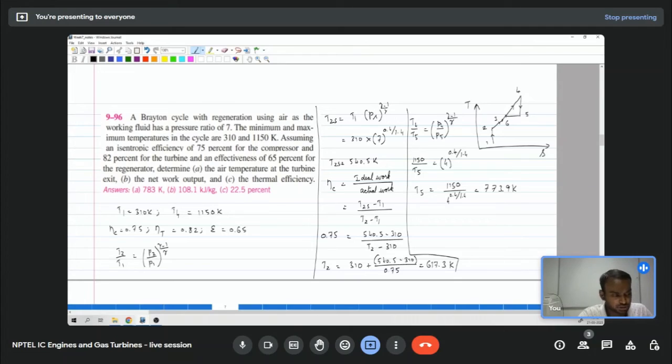Now we can use the effectiveness relation. Air goes in at 2 and comes out at 3. Similarly, it comes in at 5 and goes out at 6.